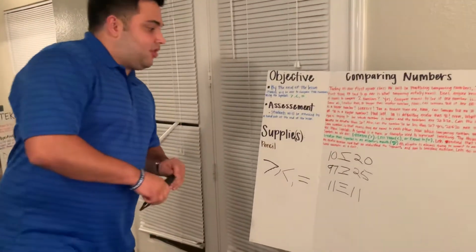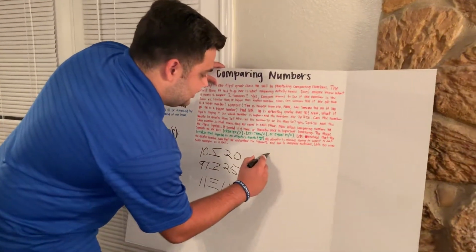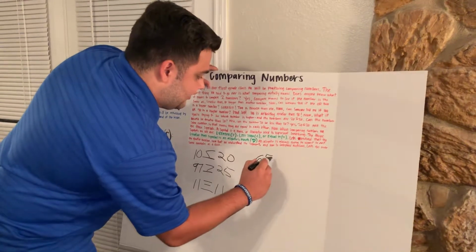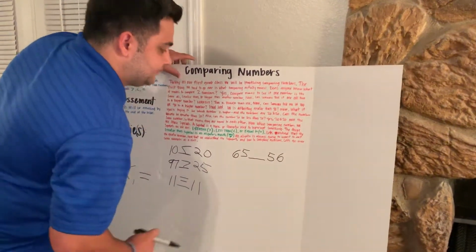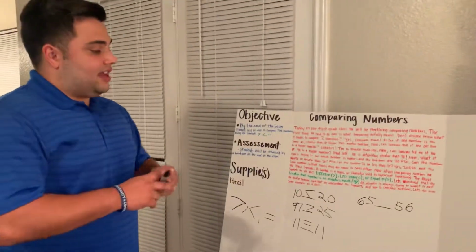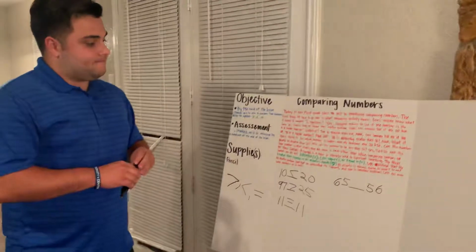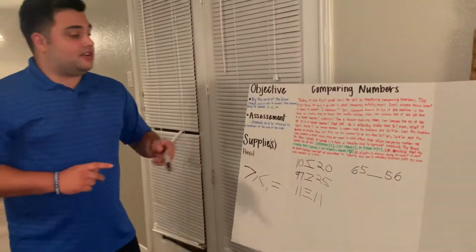So let's try a little harder one. What if we have the number 65 and 56? Which number is greater and which one would the alligator want to eat? That's correct. 65 is greater than 56.